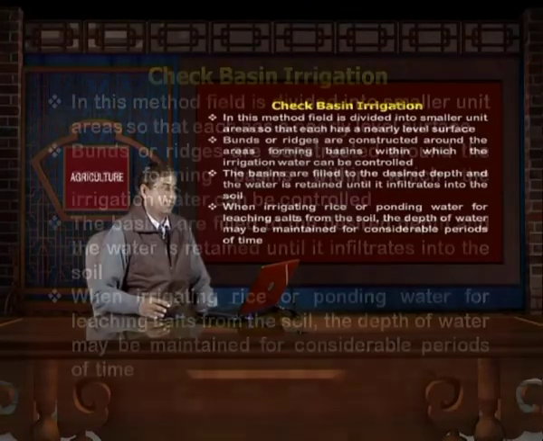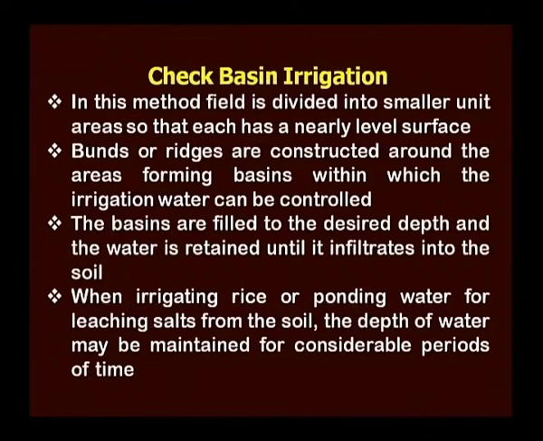Check basin irrigation. In this method, the field is divided into smaller unit areas so that each has a nearly level surface. Bunds or ridges are constructed around the areas forming basins within which the irrigation water can be controlled. The basins are filled to the desired depth and the water is retained until it infiltrates into the soil.